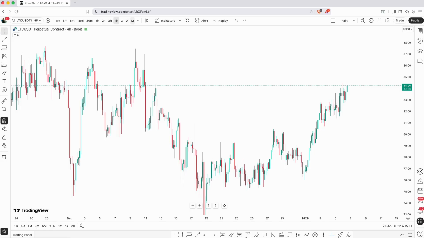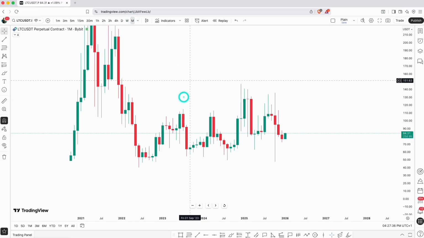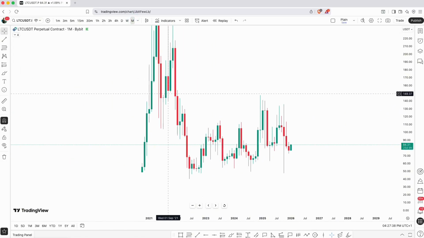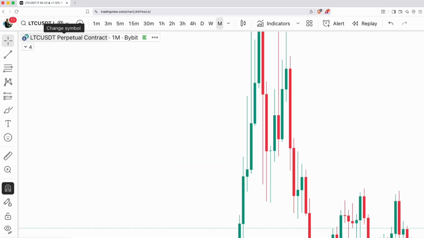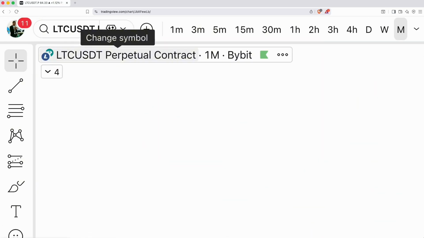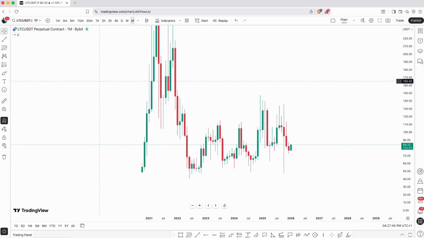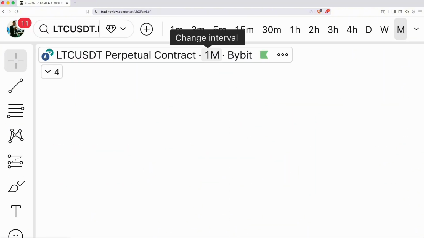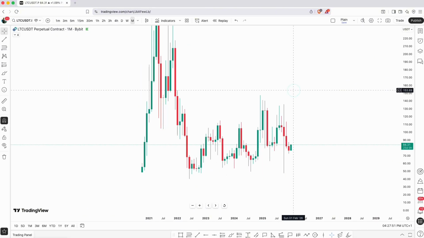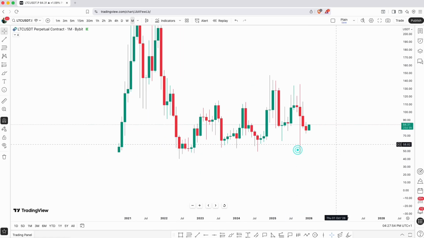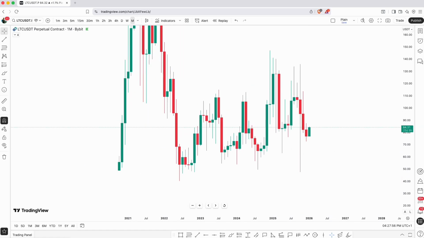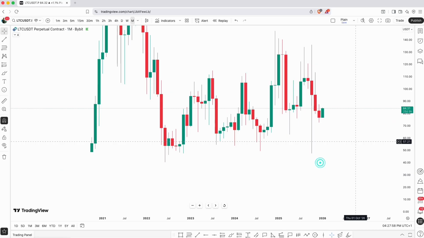In this case, I'm going to start from the monthly time frame. Right now on the monthly time frame, we are looking at Litecoin, LTC USDT. This is the pair we are looking at, and we are currently on the monthly time frame, as you can see right here. So what do we want to first look at? First, I want to look at what this market is currently doing right here.